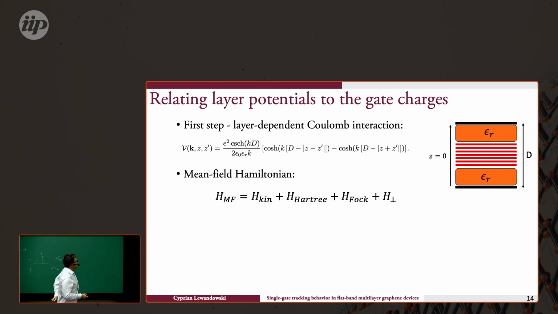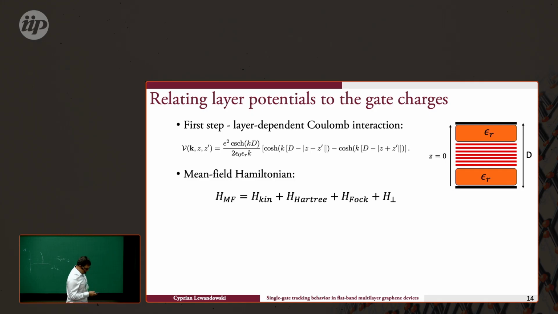And then of course, the way I could incorporate this is that in my mean field decoupling, I would enter this layer dependent Coulomb interaction into both the Hartree and the Fock part. For both of those, this is always going to give you a quantitative suppression for some momenta when you are talking about charges which are not perfectly layer polarized and don't sit on the same layer.